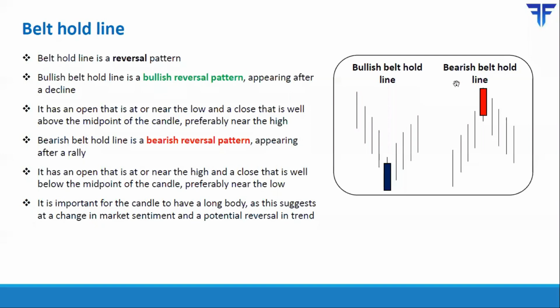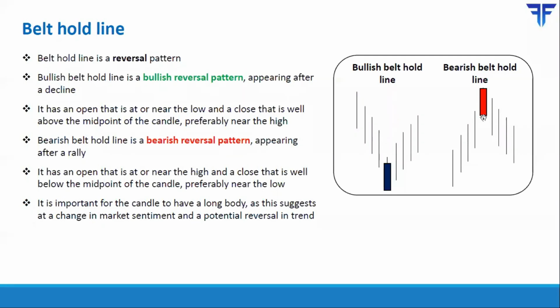In the period when a bearish belt hold line forms, the price gaps up above the previous high, but then instead of continuing higher, the open itself turns out to be the high of the period, and then you see strong selling pressure come in. It's a pretty long red candle wherein the closing is well below the midpoint of the candle. Preferably, the closing is somewhere near the low of the candle.